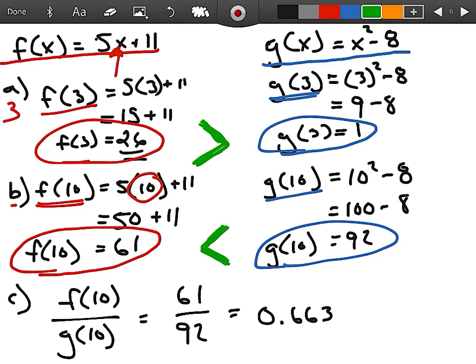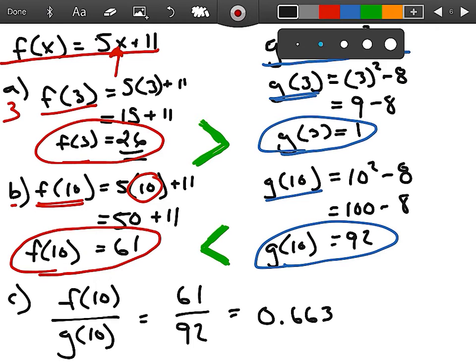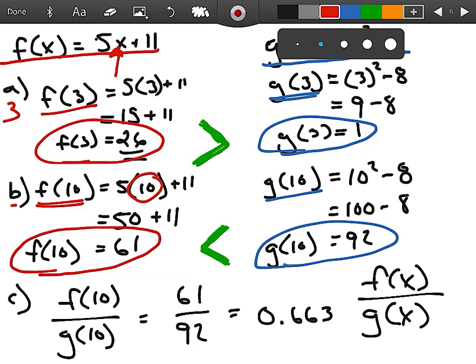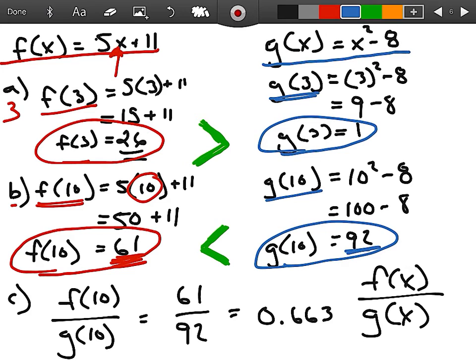And then finally they say, what does f of x divided by g of x look like? Well, that means you take what f of x was, 61, and you divide it by what g of 10 was, which was 92.